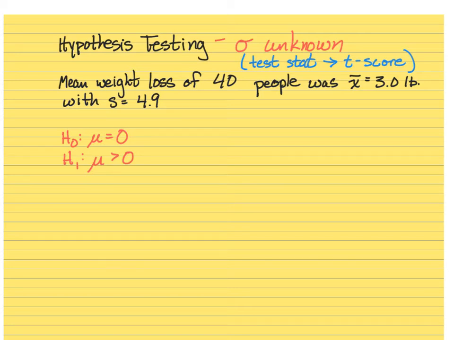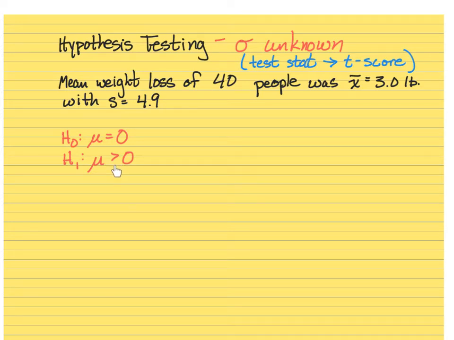Now, notice this, as we've always said, the null hypothesis is always that the mean or the proportion equals something. So it's always an equals here. It's in the alternative hypothesis that you get greater than or less than. So the null hypothesis is always that it's equal to a certain value, and the alternative hypothesis is that it is either greater than that value, less than that value, or not equal to that value.